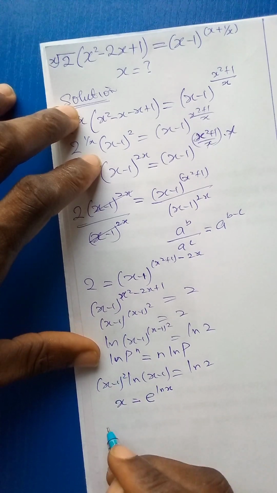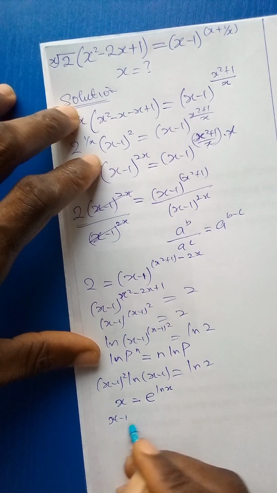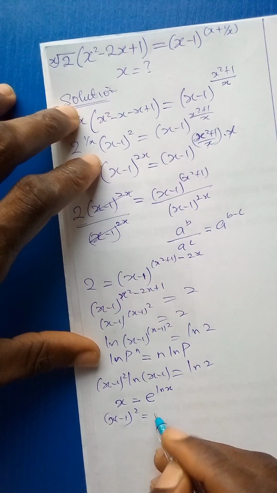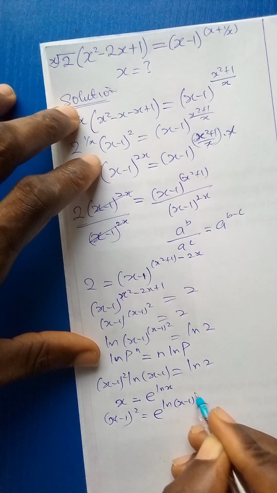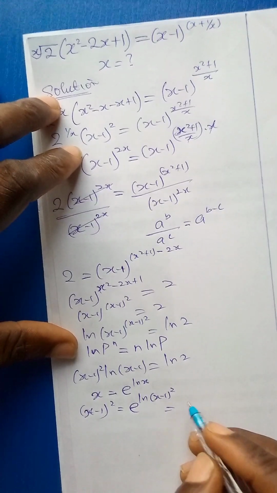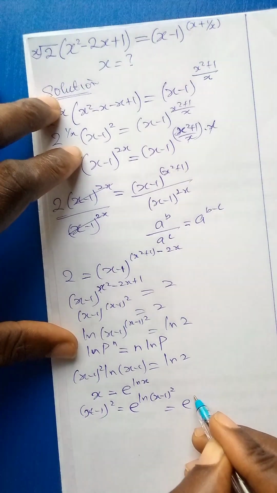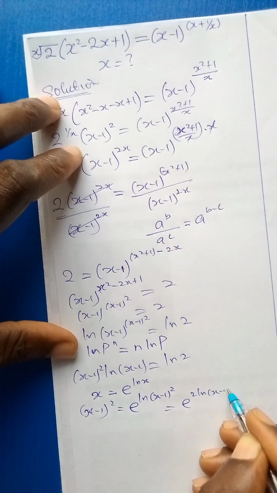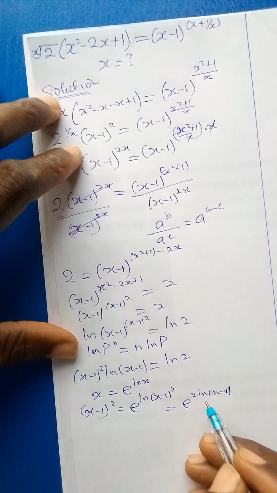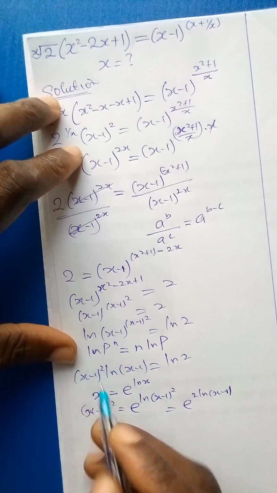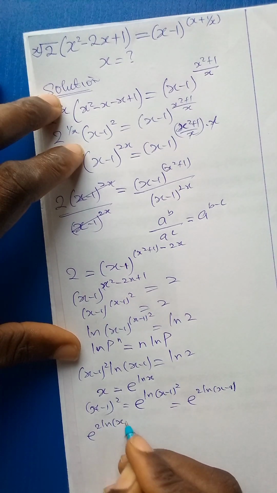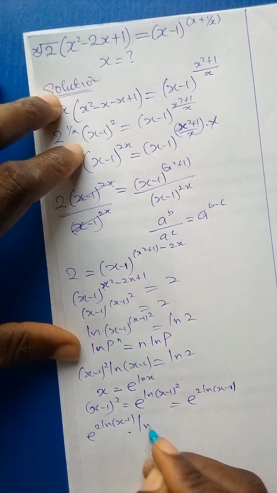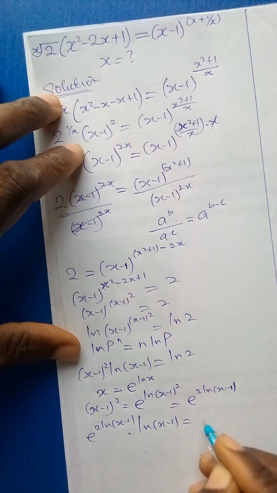So since I have x minus 1 to the power 2, I can rewrite it as e to the power ln of x minus 1 to the power 2, or the same thing as e to the power 2 ln x minus 1. So this term will now replace this. It becomes e to the power 2 ln x minus 1 times ln x minus 1 is equal to ln 2.